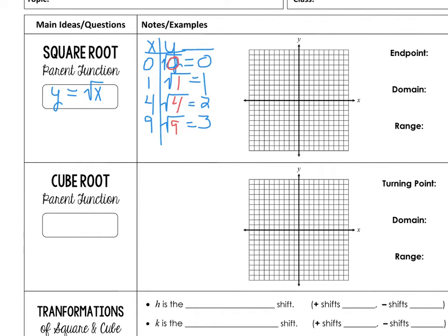So I'm going to plot these ordered pairs. So I'm going to plot 0, 0, and then 1, 1. And then 4, 2, and you can see at this point we have a curve starting, and then 9, 3.